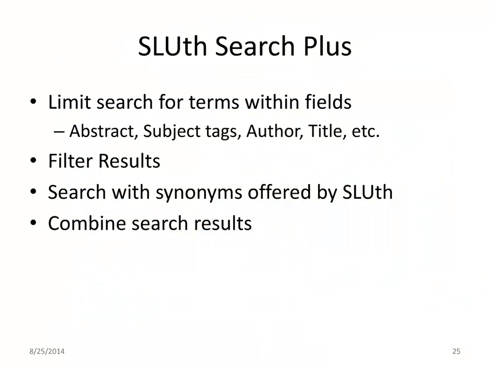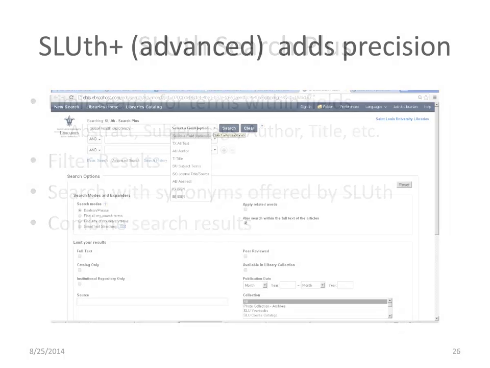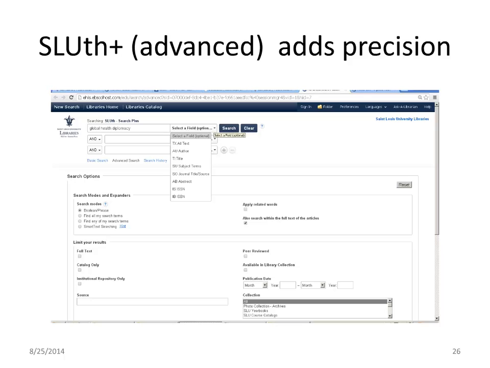SLUth Plus is the advanced search. You can limit for terms within fields like the abstract or subject tags, author, title. You can filter results, search with synonyms offered by SLUth, or combine search results. SLUth Plus provides a way for you to focus your search and limit results, which can be important if you've gotten too many off-target hits with SLUth Basic.